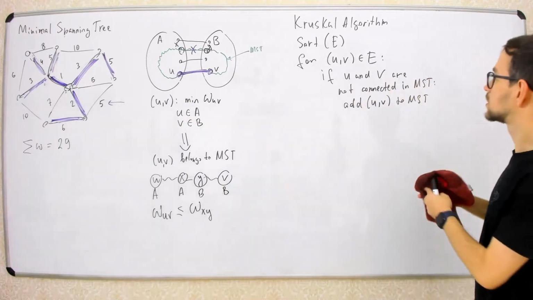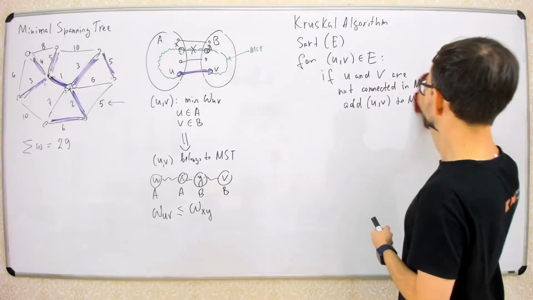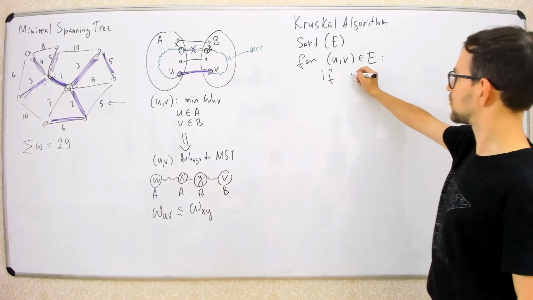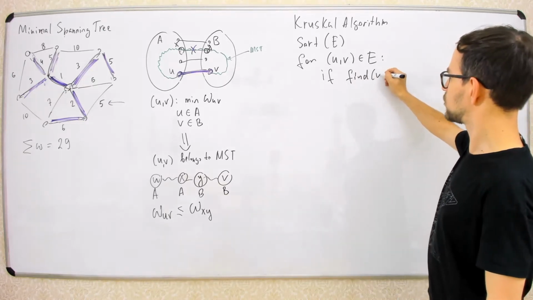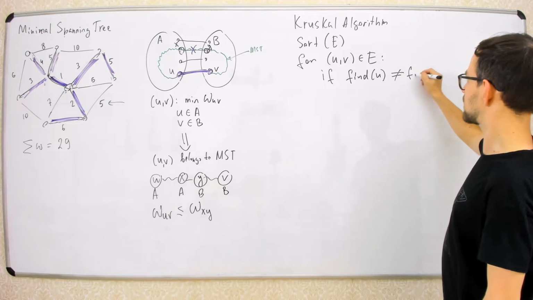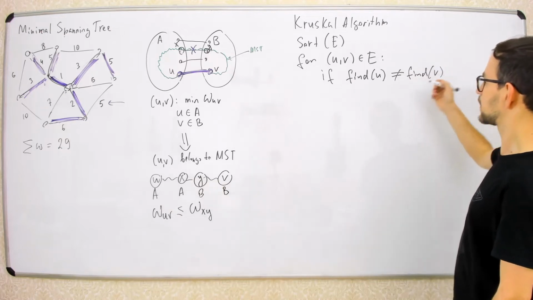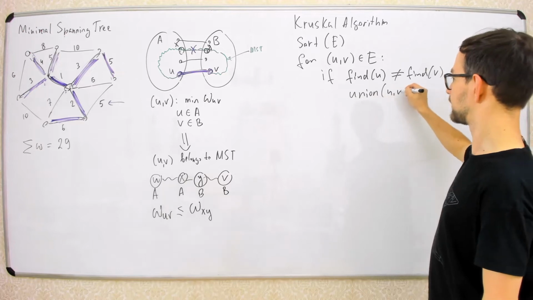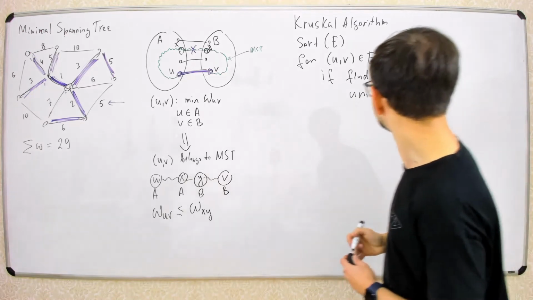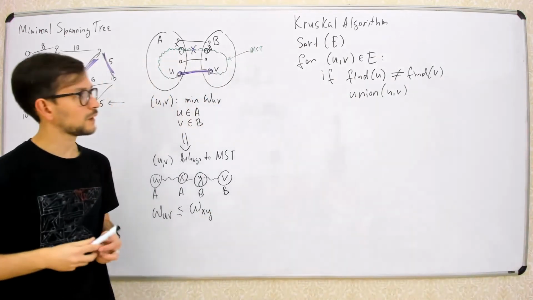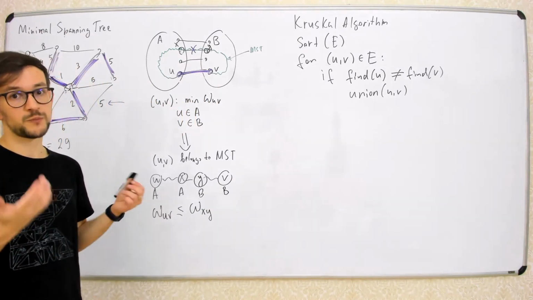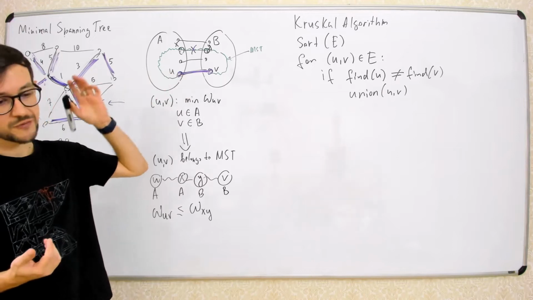So let's modify it a little. If find of U is not equal to find of V, then we just make a union of U and V. That's basically the whole Kruskal algorithm. It's pretty simple, and it works pretty fast.